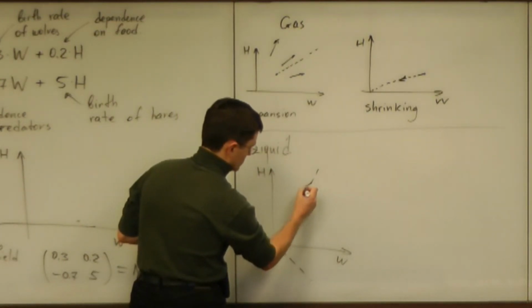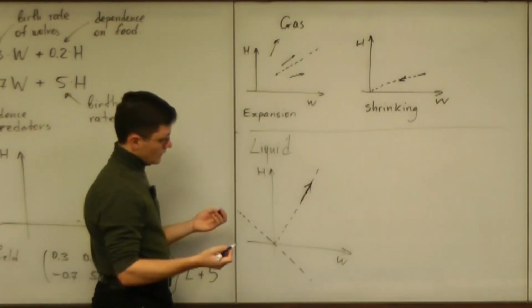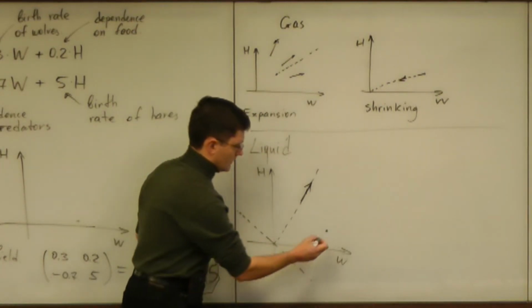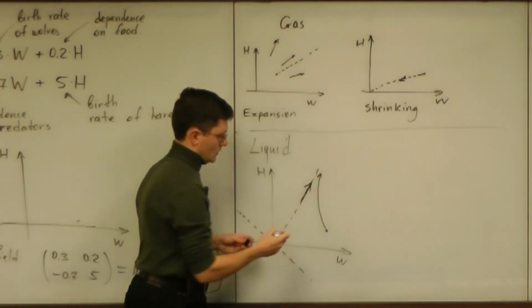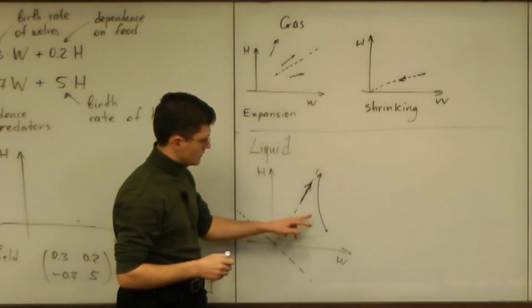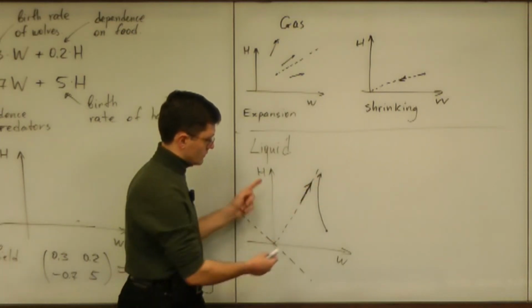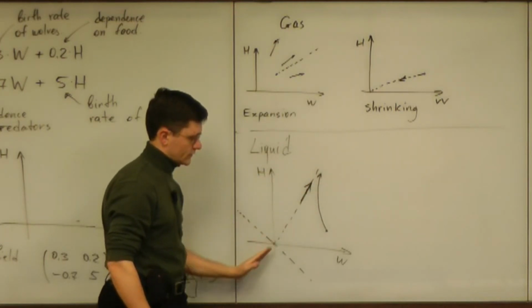So if the flow along this line is away from origin, then the conclusion is wherever you start, the evolution in the future will result in the populations growing, and the proportion between these populations is going to approach the slope of that line.